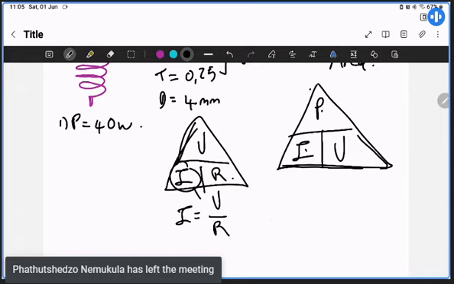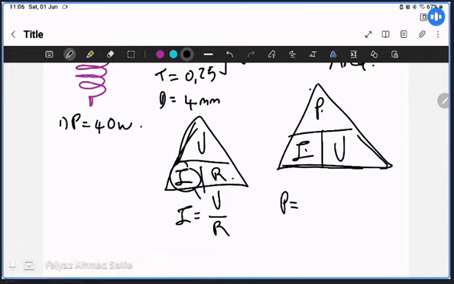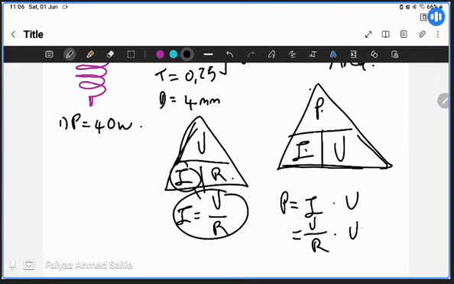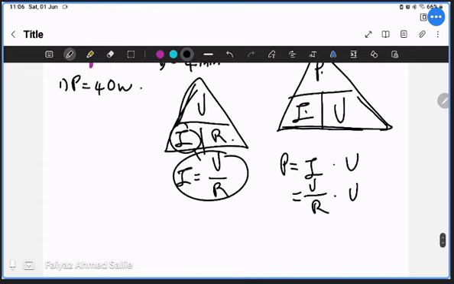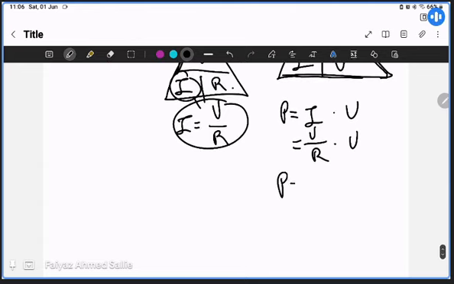So here, our power is going to be current times voltage. So then we know that our current is voltage over resistor multiplied by the voltage. So our final equation will be voltage squared over the resistor, right?